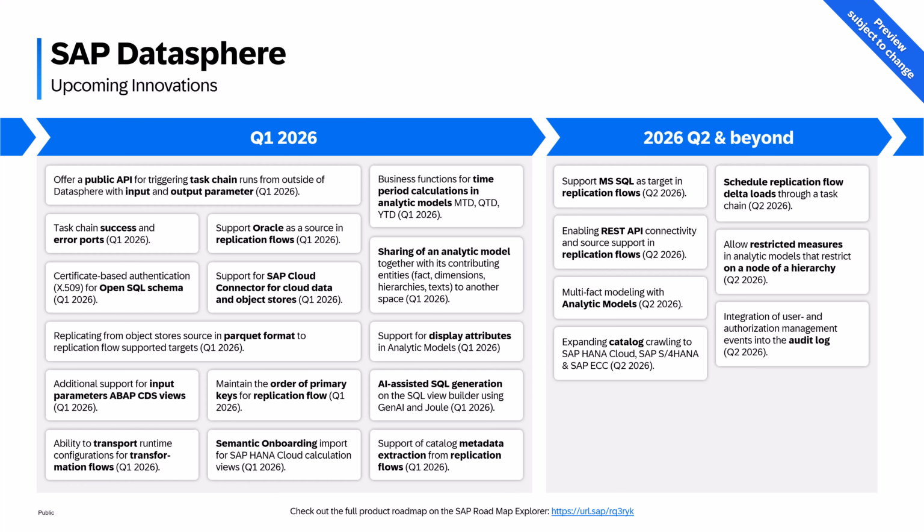Then on the modeling side, restricted measures in analytic models on hierarchy nodes, as well as multi-fact modeling, which we plan. On the catalog side, crawling for HANA Cloud artifacts, as well as S/4HANA and older ECC versions.